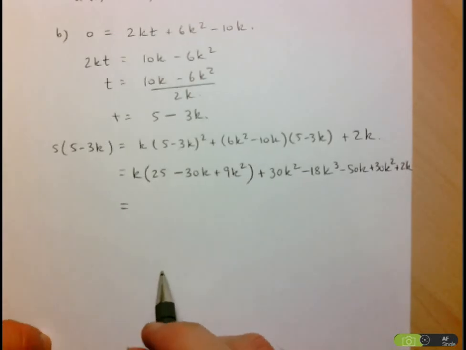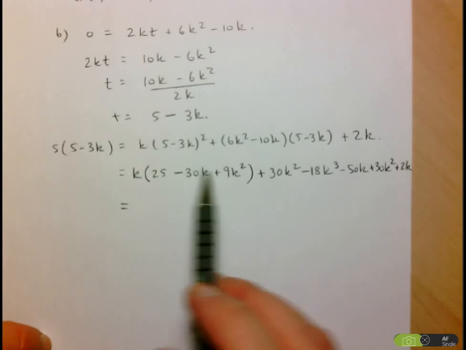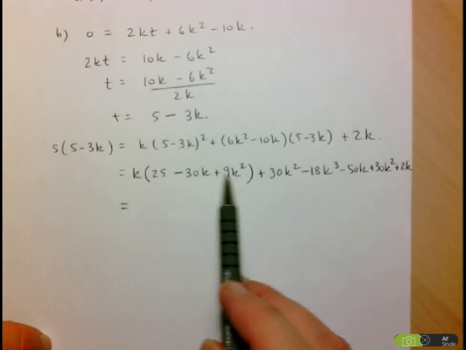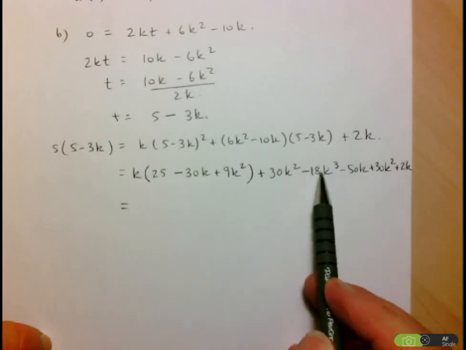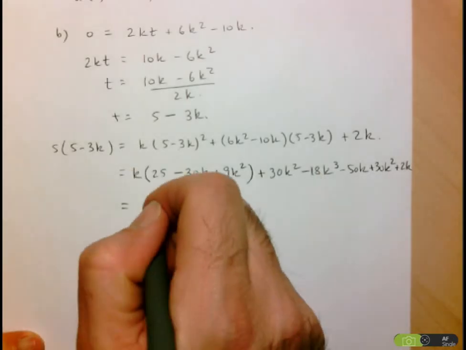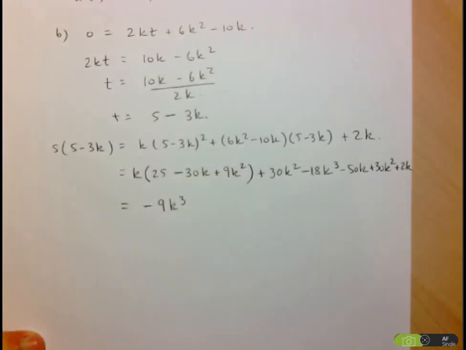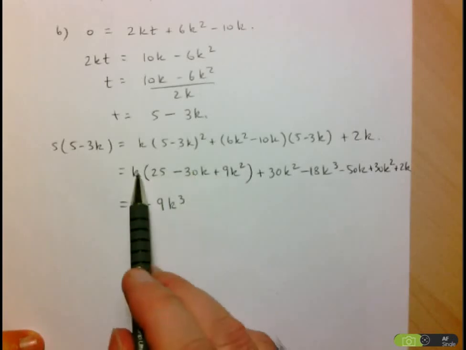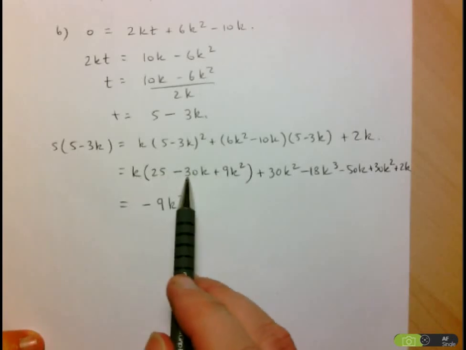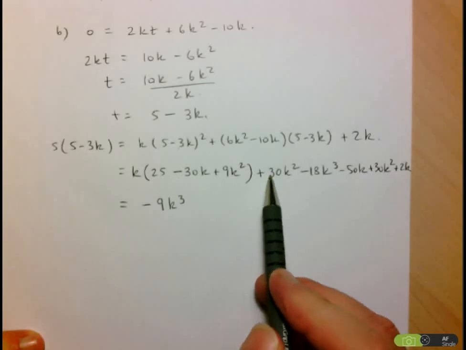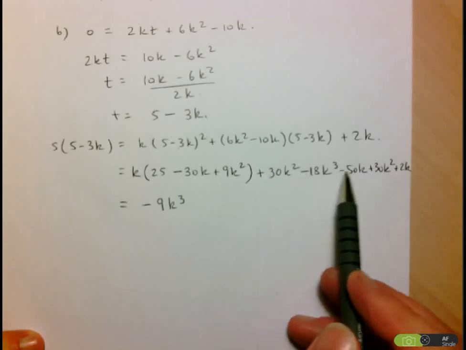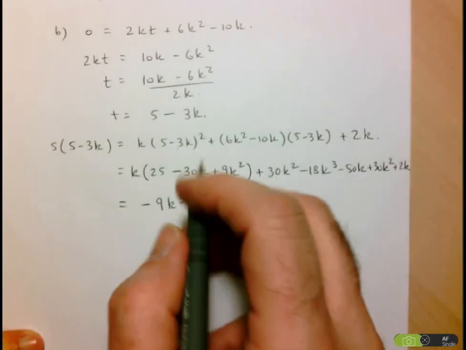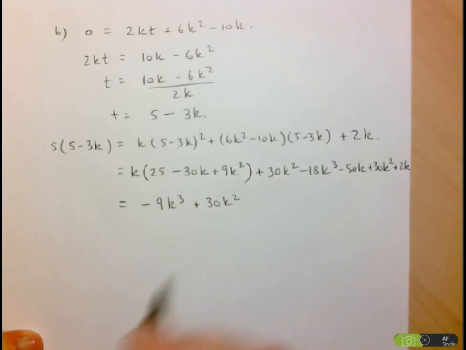Okay, and now let's simplify this here. So let's find all the k cubes. So here we've got 9k cubed minus 18k cubed, so that's negative 9k cubed. Let's go for anything with k squared. So here we've got negative 30k squared plus 30k squared, so that's 0. But then we have another 30k squared there, so plus 30k squared.